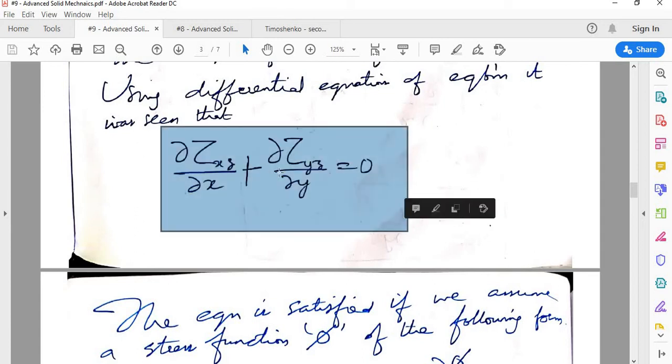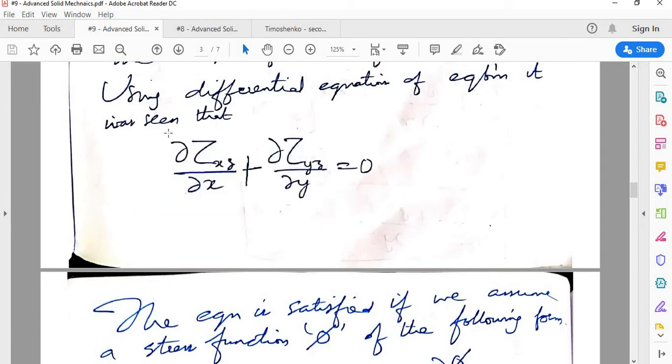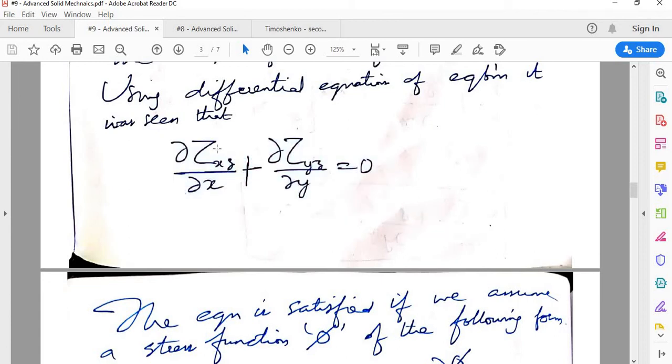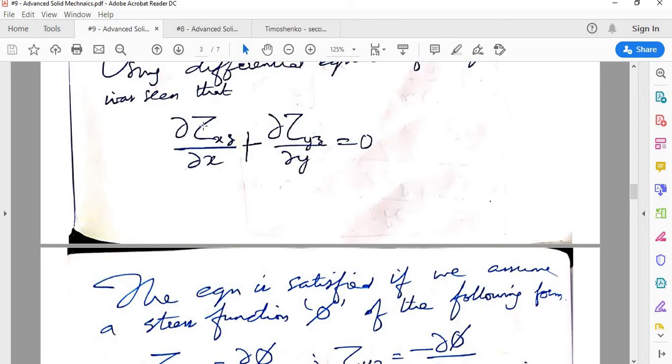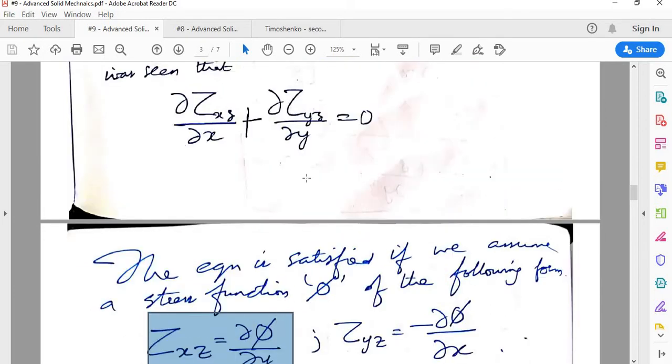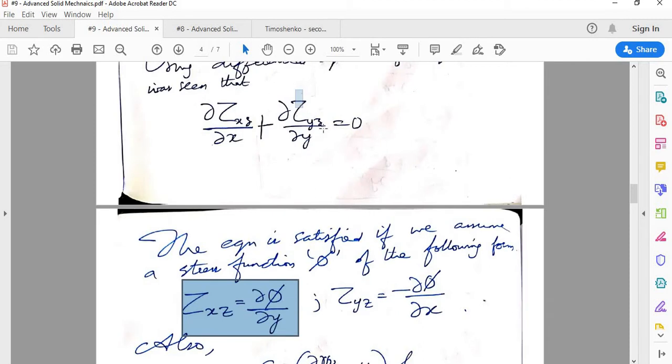So this is one condition, right? This condition can be satisfied if you take the stress function of the following form: tau xz as d phi by dy and tau yz as minus d phi by dx.